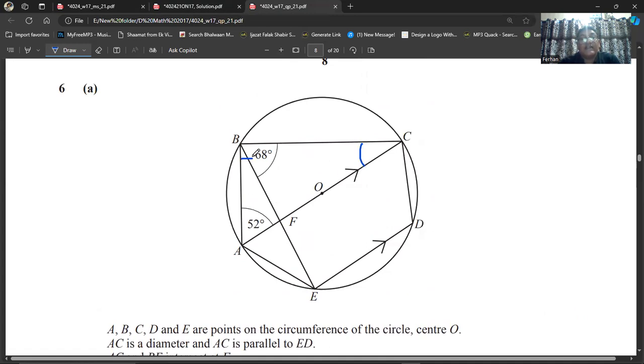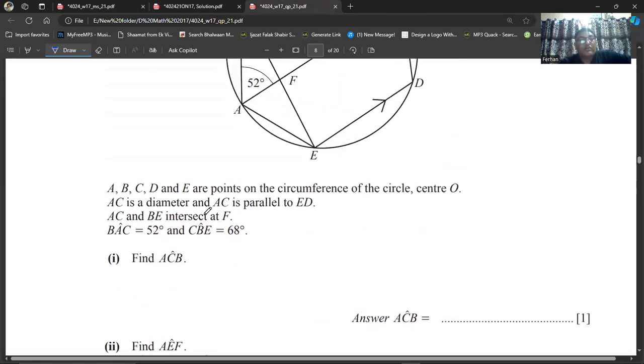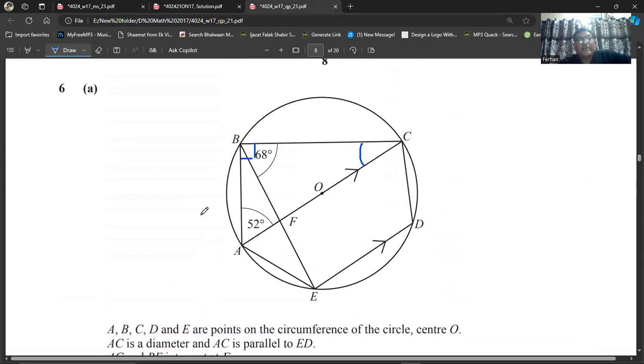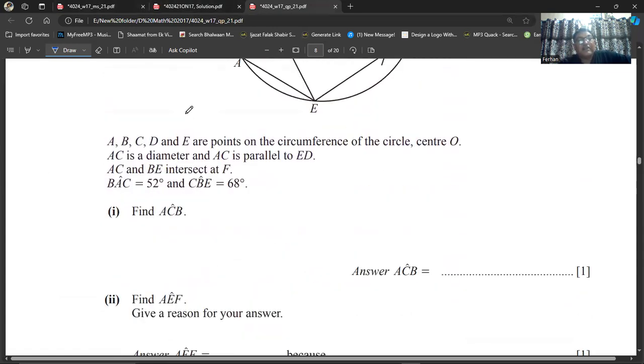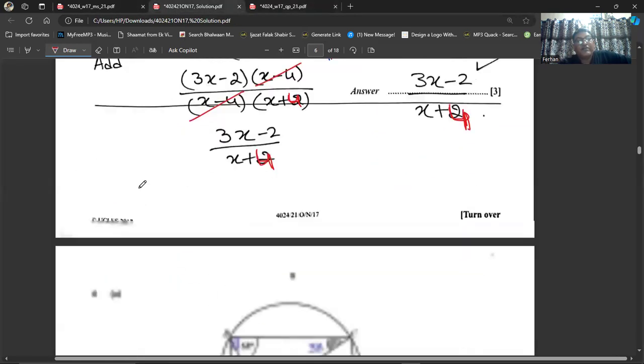This angle is how much? This angle is 90. So 90 plus 52 plus this angle will be equal to 180. Why is this angle 90? Because AC is the diameter, and this angle will be 90 because it is the right angle in the semicircle. So we have to find the ACB.